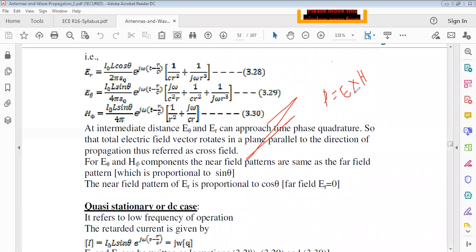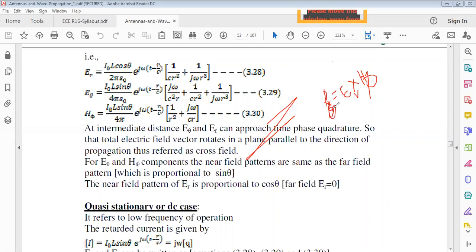For suppose this is ER and this is H phi, the radiated power direction is R phi. Radiated power is always perpendicular to both E and H, as you already know. So from R and phi, P becomes P theta. If I consider only P as the radiated power, then that power is in the direction of theta.